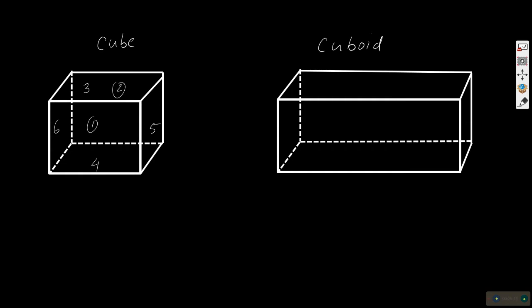It depends upon how you look at it. You have 6 faces in both the cases. And in the case of a cuboid, it is a three-dimensional figure developed out of a rectangle. So 6 faces are there. Each face is a rectangle here.